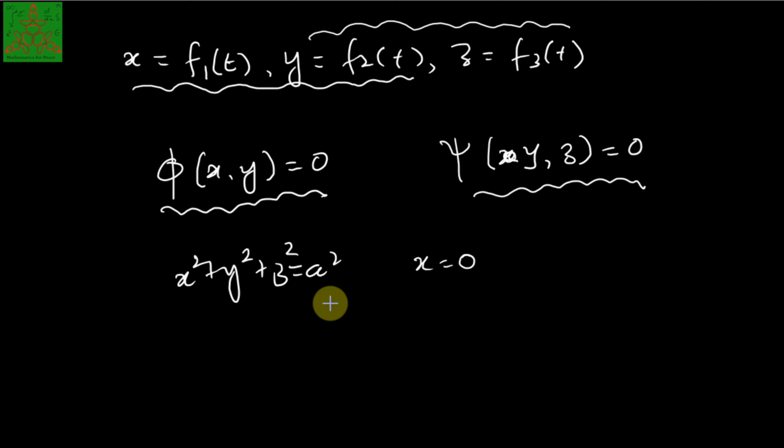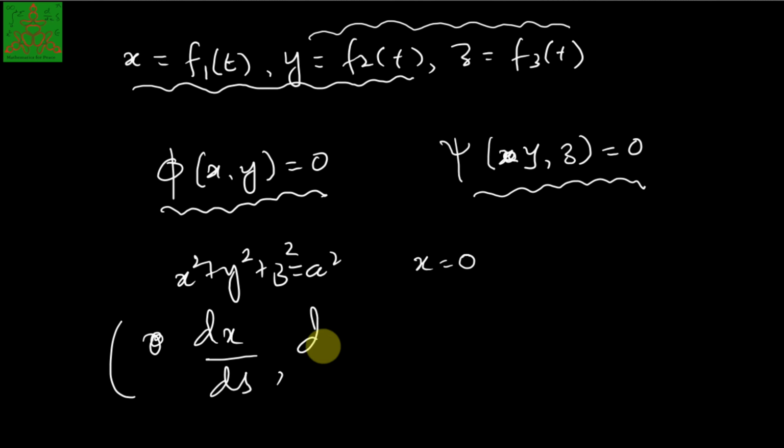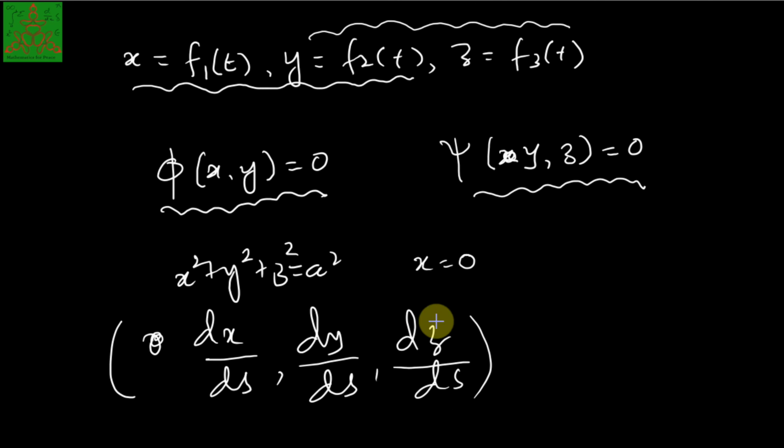If the parameter s in the equation of the curve is the length of the curve measured from a fixed point, then dx by ds, dy by ds, and dz by ds represent the direction cosines of the tangent to that curve at the point.